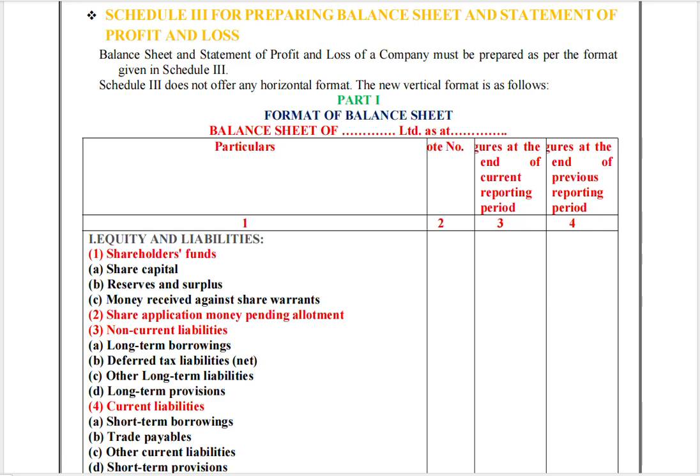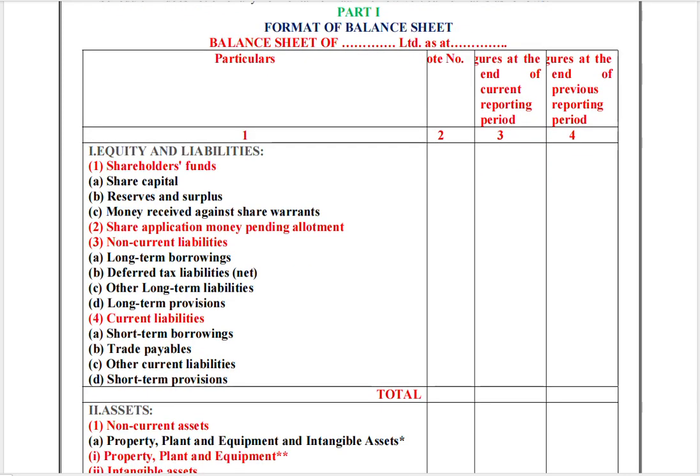The first heading is equity and liabilities, which has four subheadings. First is shareholders' funds, which has three subheadings that are there in your syllabus. The second major heading is share application money pending allotment. The third major heading is non-current liabilities, which has four subheadings.